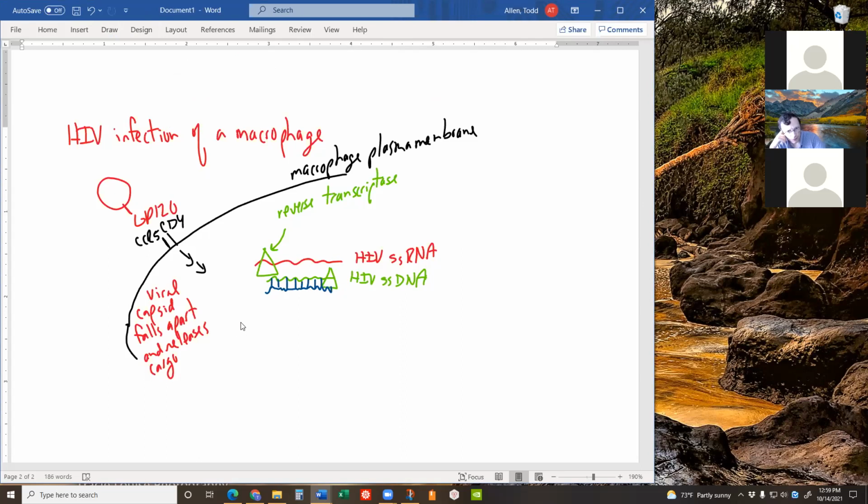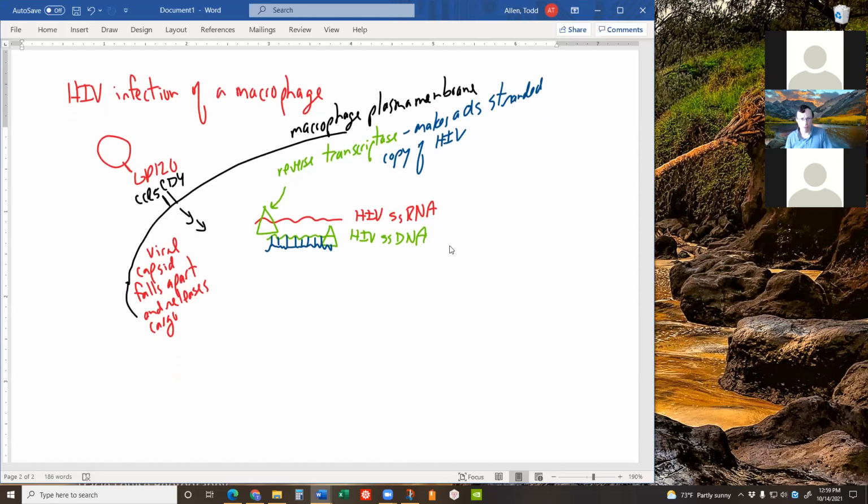Reverse transcriptase makes a double-stranded copy of HIV.